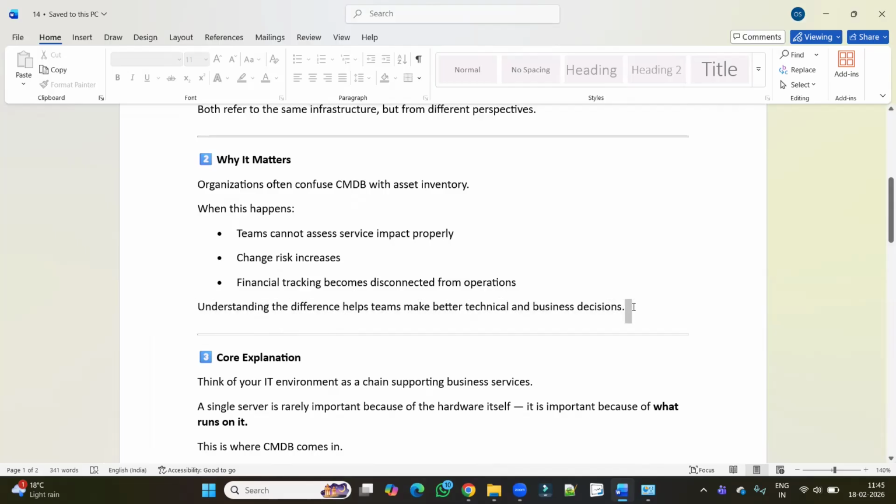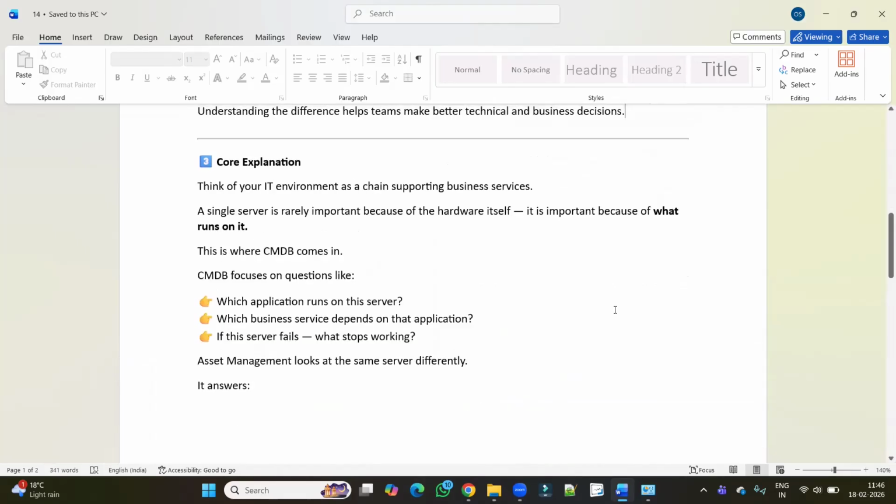If you are well aware of both of these things, that is CMDB and asset management, you will be able to take better technical as well as financial as well as business decisions. So now let's discuss in detail. The core explanation is here. Suppose, think of your IT environment as a chain supporting business services.